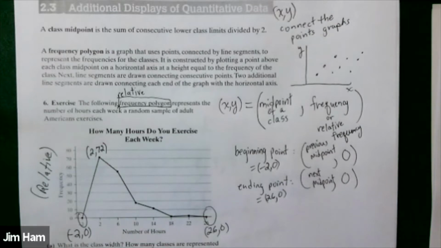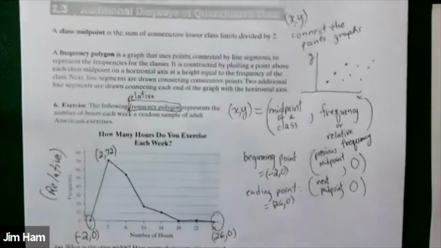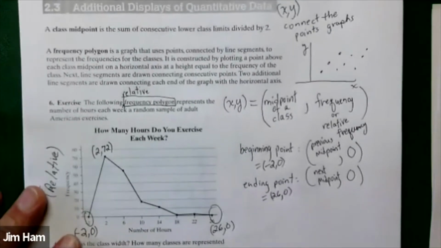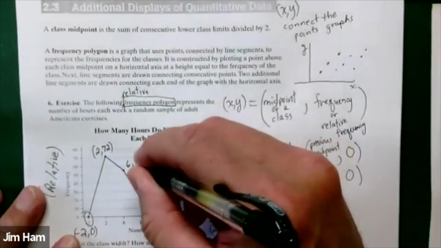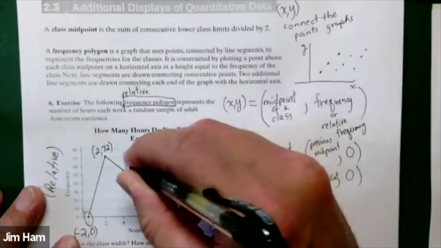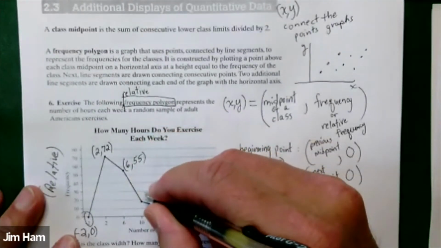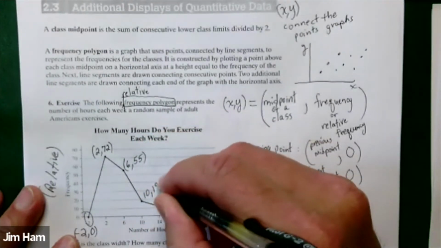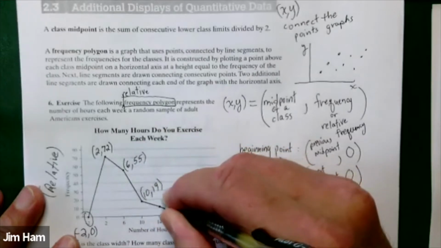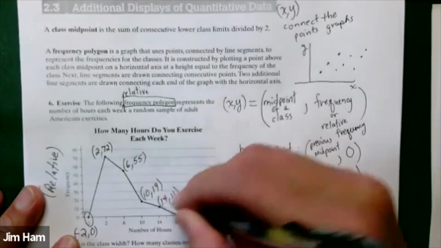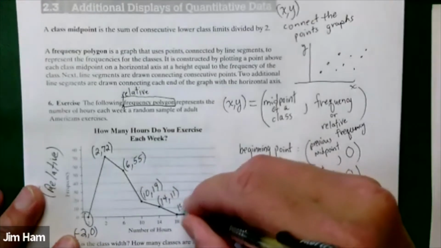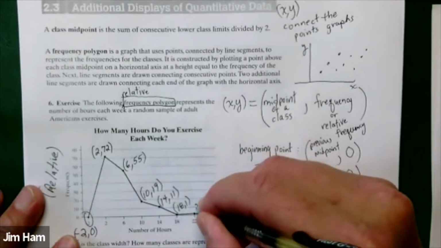So if your points are off 1 or 2 from mine, that's fine. All right, so 6, 55 is the next one, and then 10, 19, I'll call it, and 14, 11, 18, 1, and 22, 2.